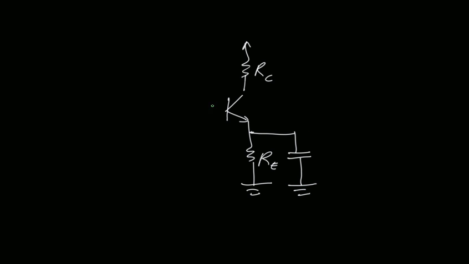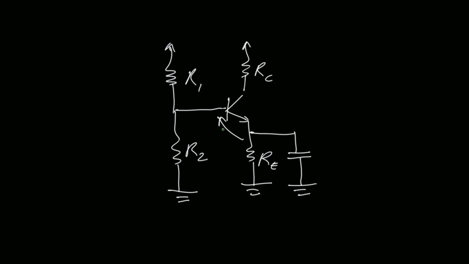In AC, this RE basically disappears. This voltage divider, R1 and R2, allows us to apply a voltage high enough at the base to turn on our transistor. Its main point is to make sure that VBE is 0.7 volts so that the transistor is on all the time.